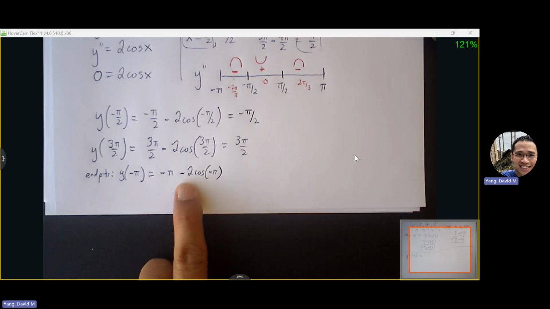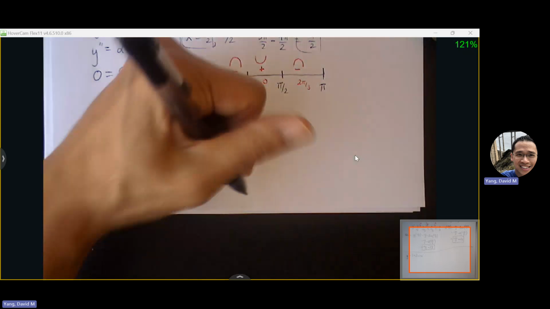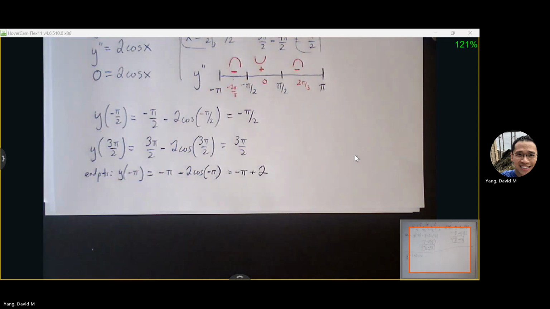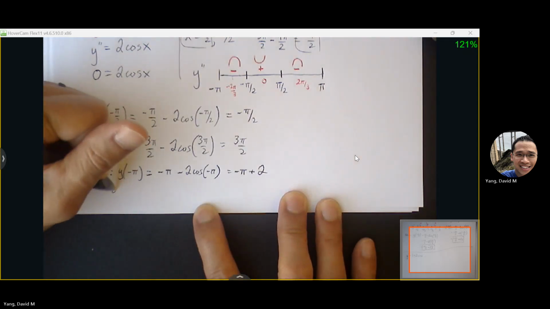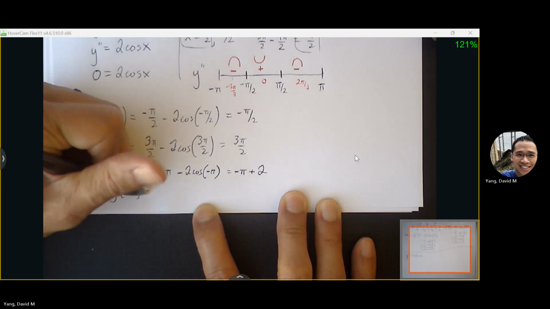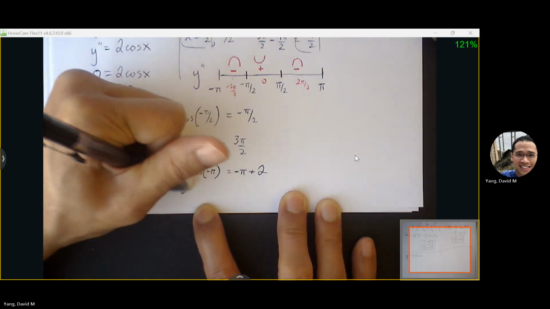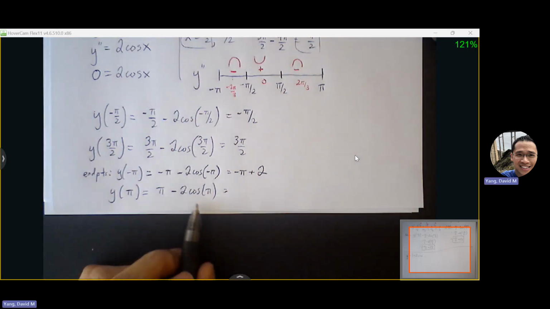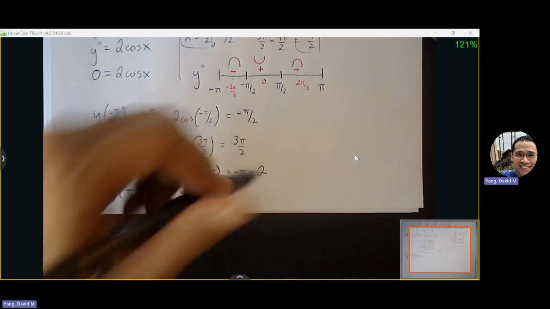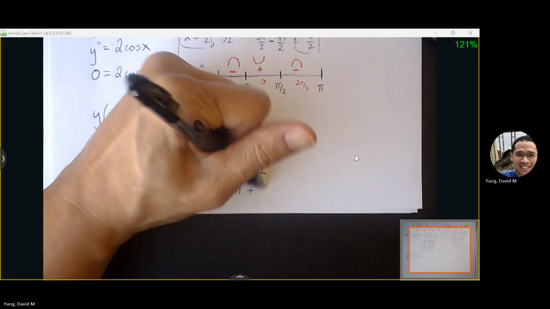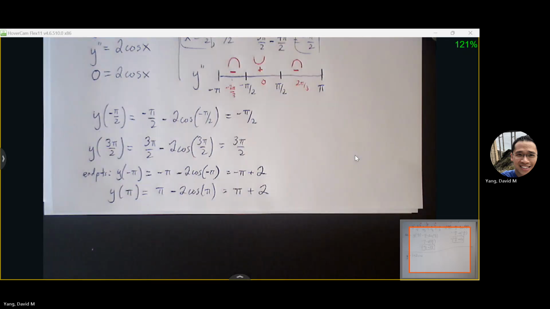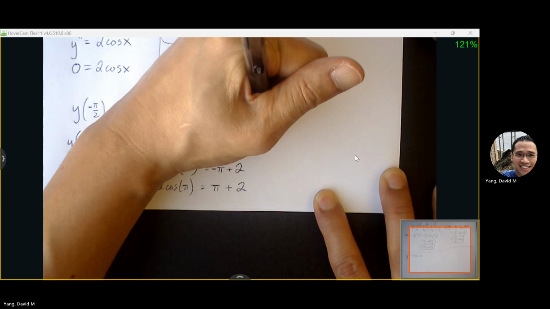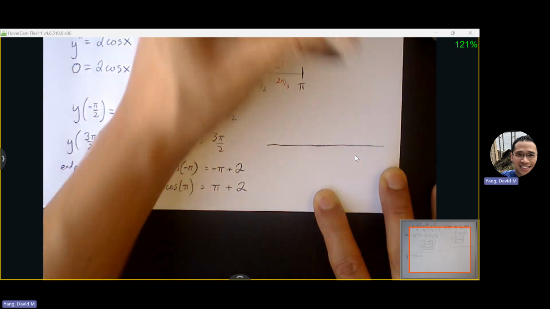So it's going to be -1. -1 times -2 is a +2. And then pi minus -2 as well. So it's pi + 2. Okay, so we're going to take all these points and use our calculator to sketch our graph.